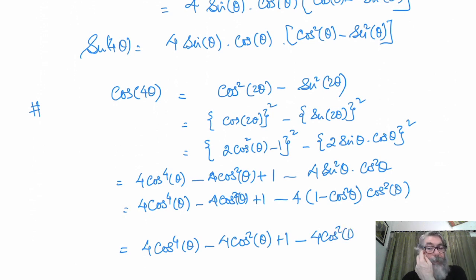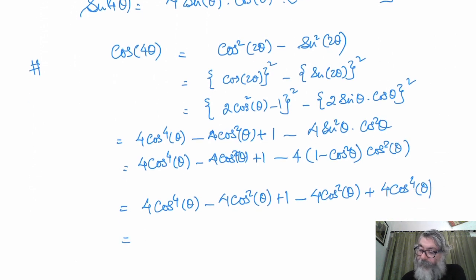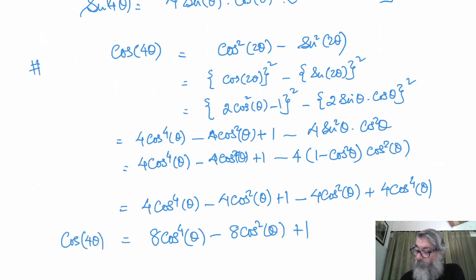Now, as usual, we have to simplify, adding or subtracting similar terms. 4 cos 4 theta plus 4 cos 4 theta becomes 8 cos 4 theta; minus 4 cos square theta minus 4 cos square theta becomes minus 8 cos square theta, and plus 1. That is cos 4 theta.